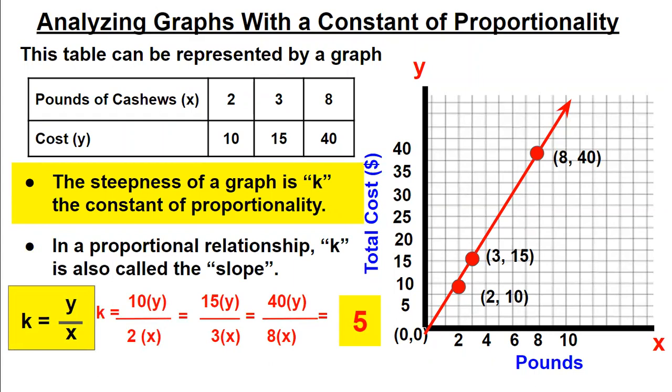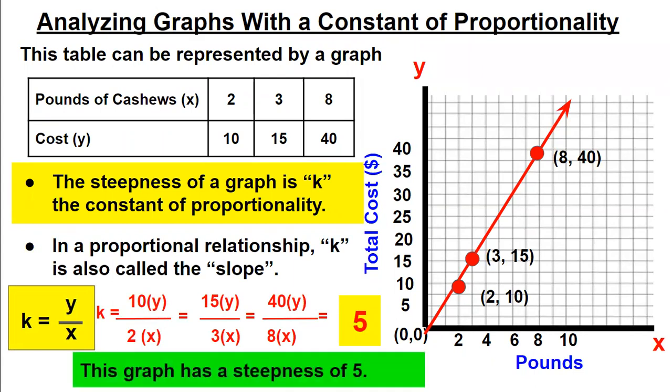That's our K, our constant of proportionality. This graph has a steepness of 5. Y equals KX is our equation. We're just going to plug the 5 in for K, and there's our equation of our line. Y equals 5X.